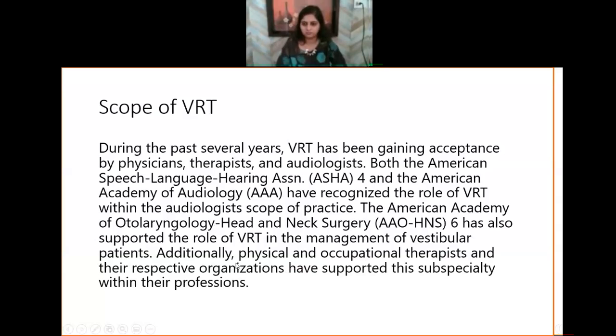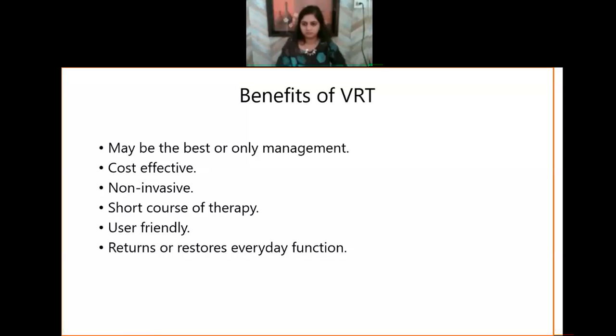Okay, what is the benefit of VRT, vestibular rehab therapy? Just like other physiotherapy, it is non-invasive. So as long as we are able to treat the patient, we do not advise surgery, right? If we know of an OA patient, if we are able to treat with the therapy, conservative is always better than the surgical, right?